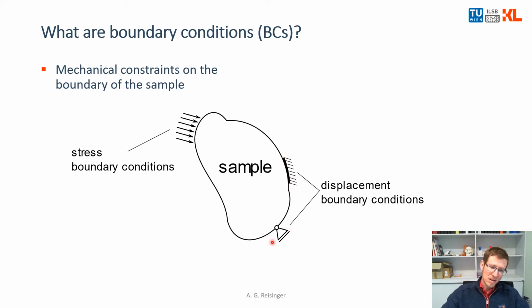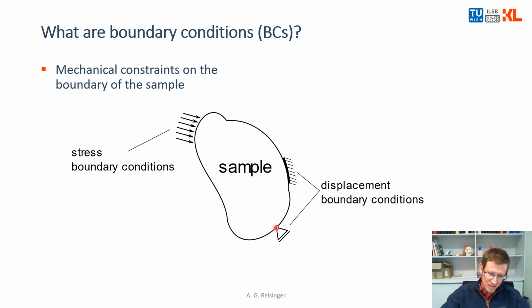Whereas down here on the lower right side, you see a different kind of displacement boundary condition. Here, this point, well, in reality, there are no points. Even if it is really small, you only have area.